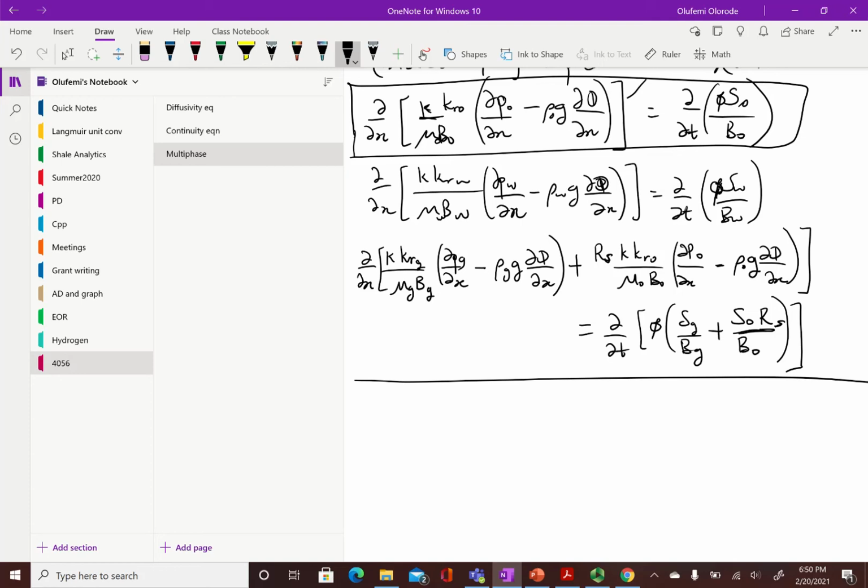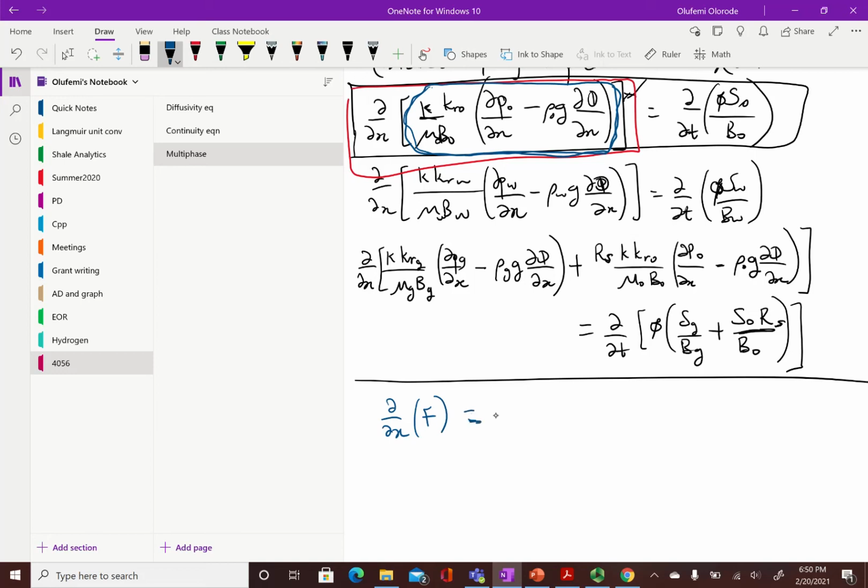Let's focus on this left-hand term. You can write that equation in this form: d dx of f, where f is everything here. Just for brevity, we call that f.